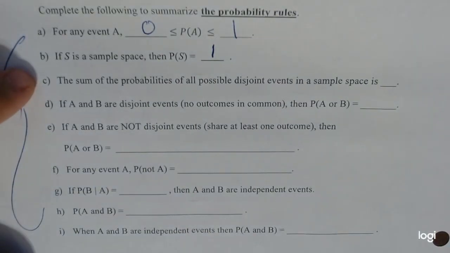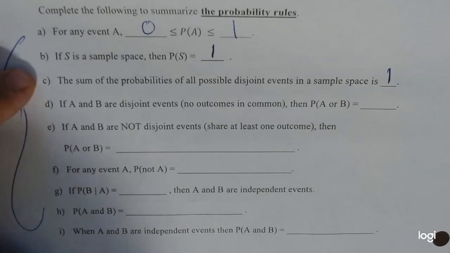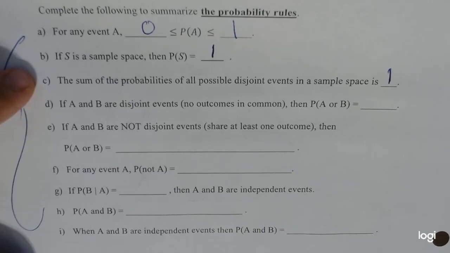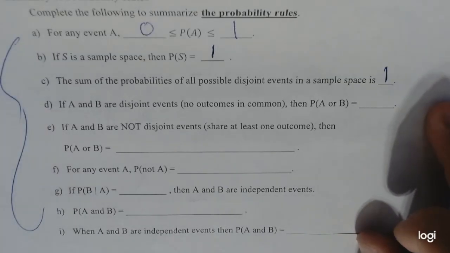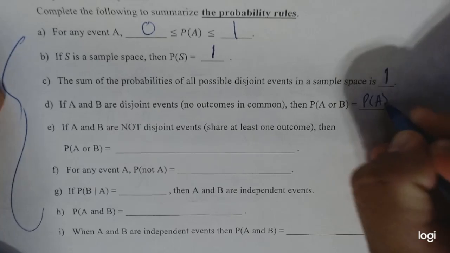The sum of the probabilities of all disjoint events in the sample space is equal to 1, and we'll actually get to that in far more detail in later sections as well. Okay. Next one. If A and B are disjoint events, meaning there are no outcomes in common, the probability of A or B is what equation? Hopefully you say the addition.